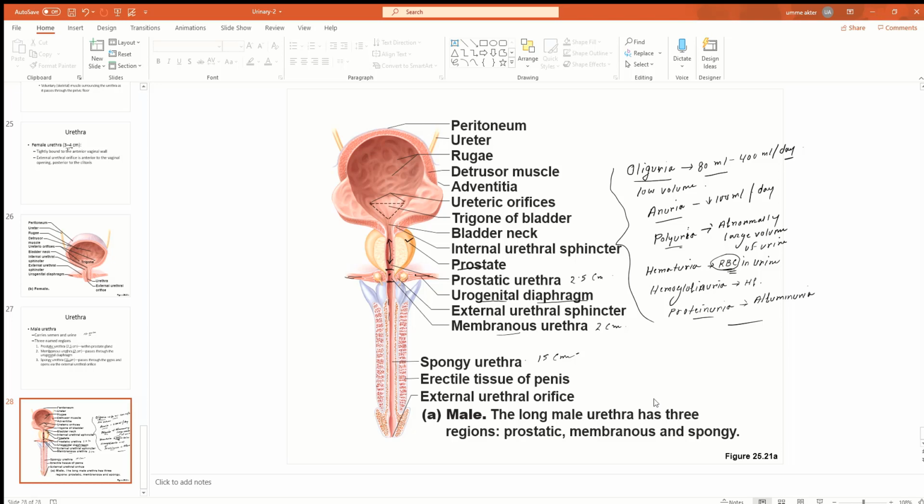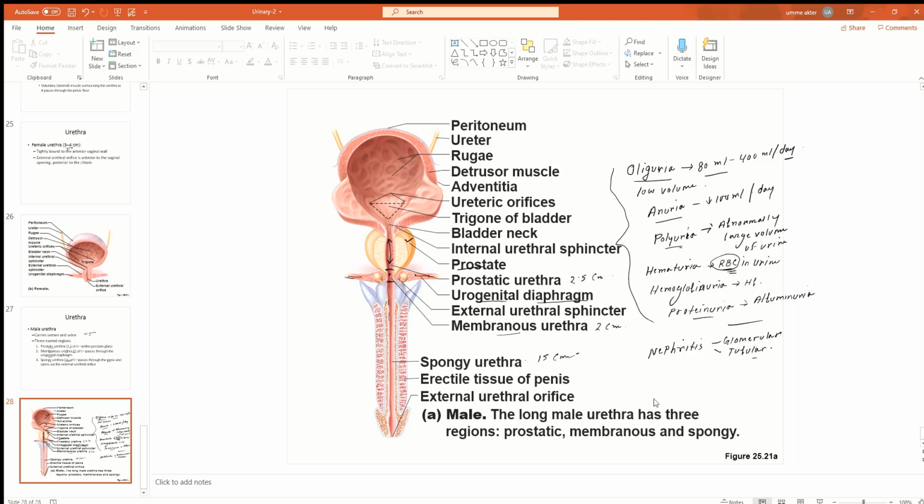Nephritis could be acute or chronic. So it can cause glomerular nephritis, tubular nephritis, right?